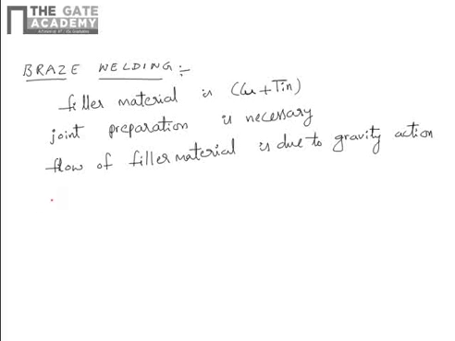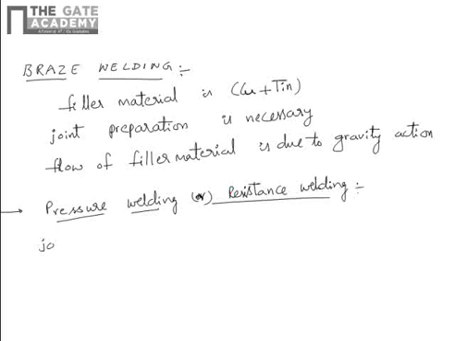Next one is pressure welding, also called resistance welding, which is a form of non-fusion welding. Here there is no melting of filler material, so the joint is formed with the help of heat and pressure.